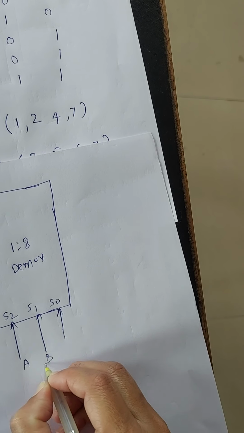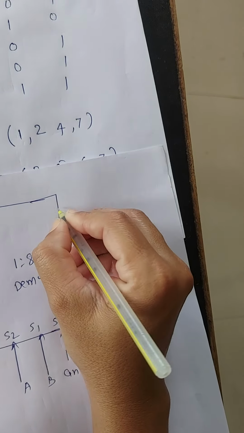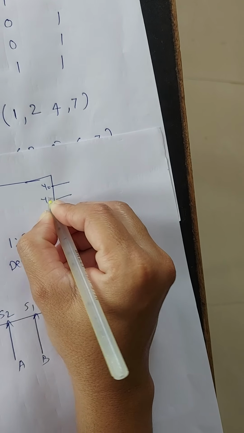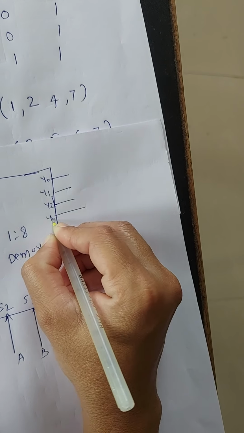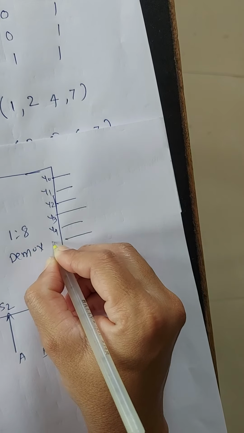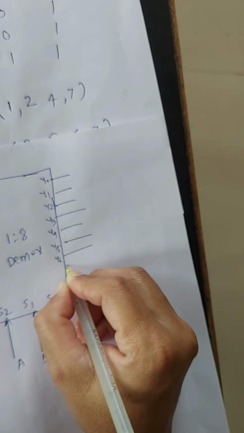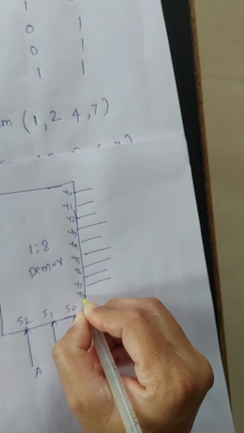So these are A, B, C in, and the outputs are Y0, Y1, Y2, Y3, Y4, Y5, Y6, Y7.